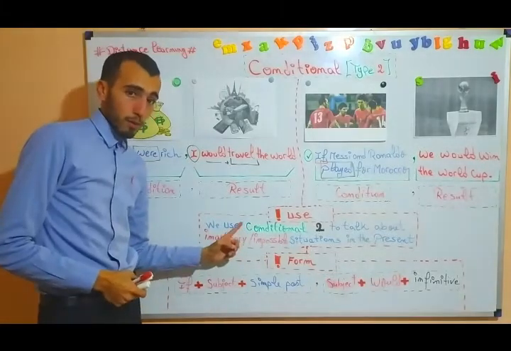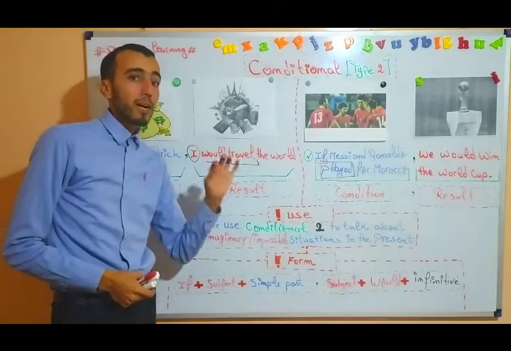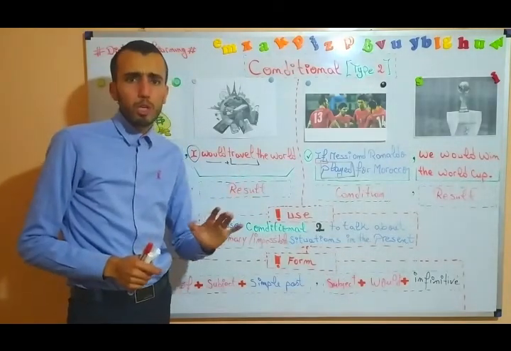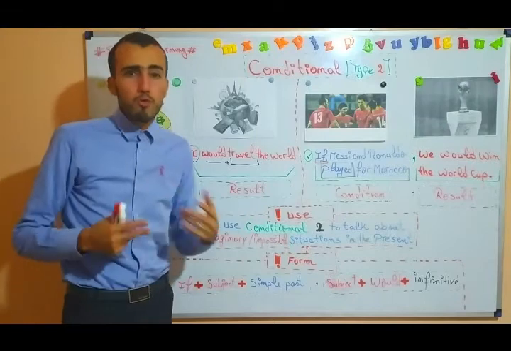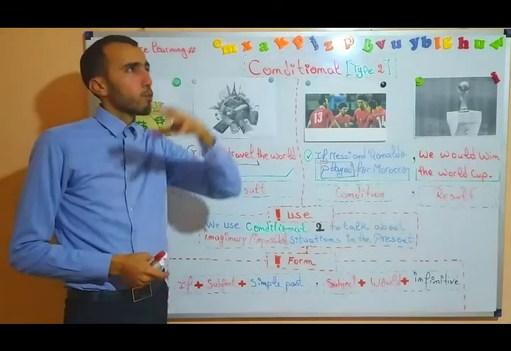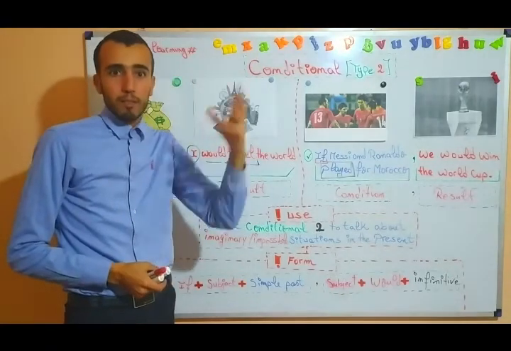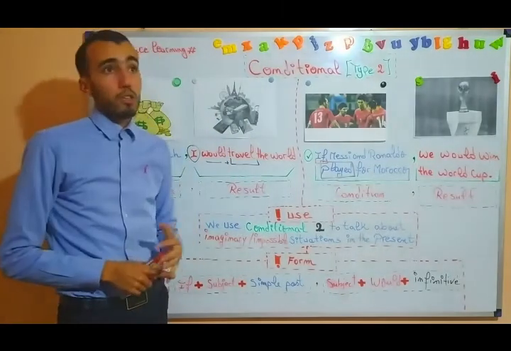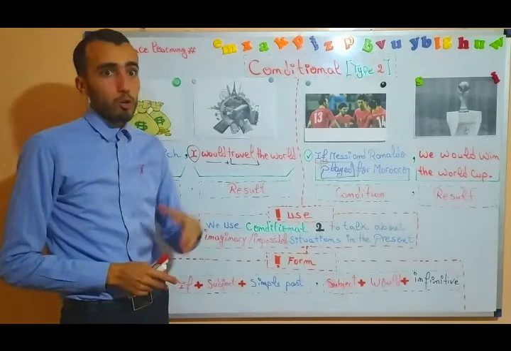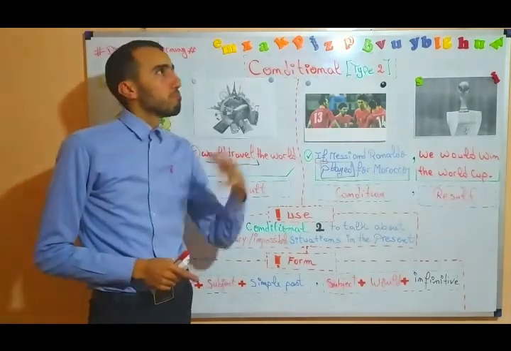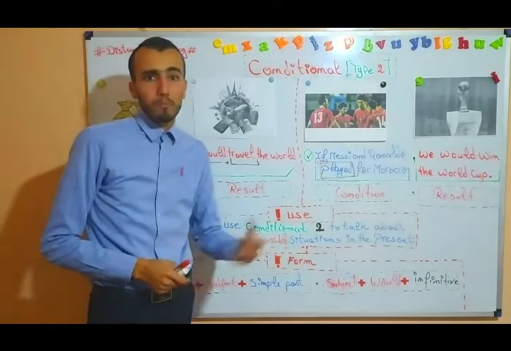We use conditional type 2 for imaginary, unreal, impossible situations in the present. If I were rich, I would live on an island. If I were rich, I would buy an airplane. If I were rich, I would buy a Ferrari car.